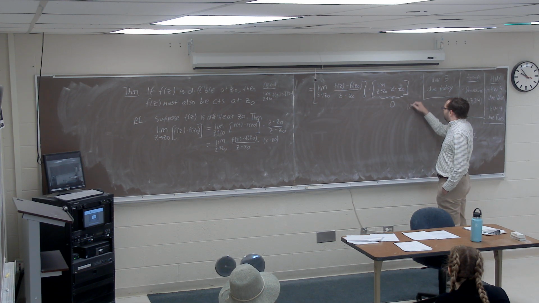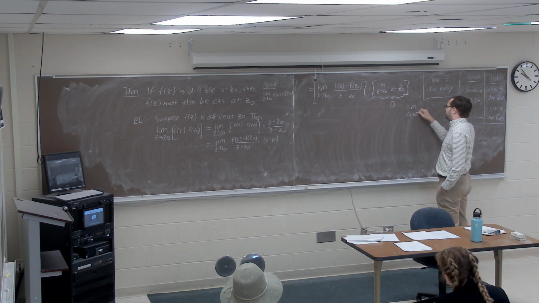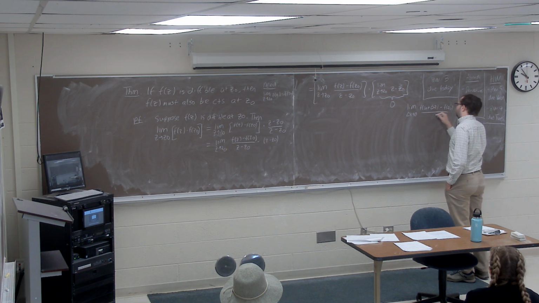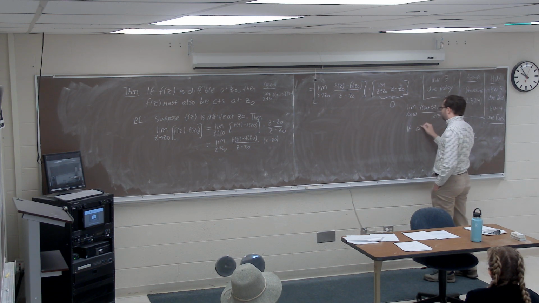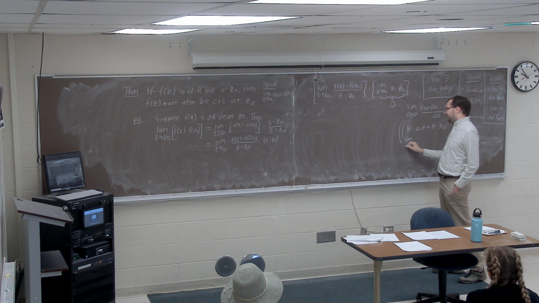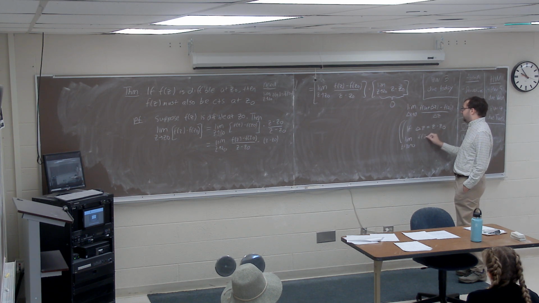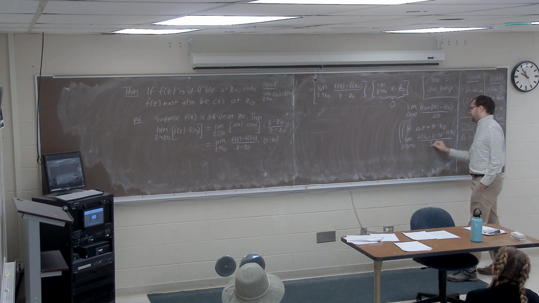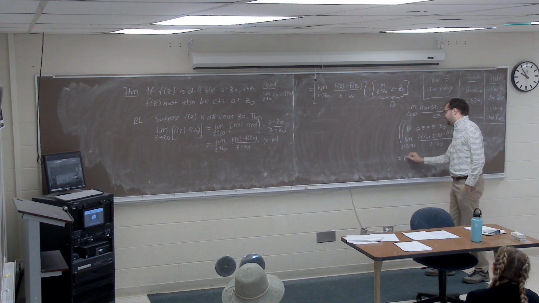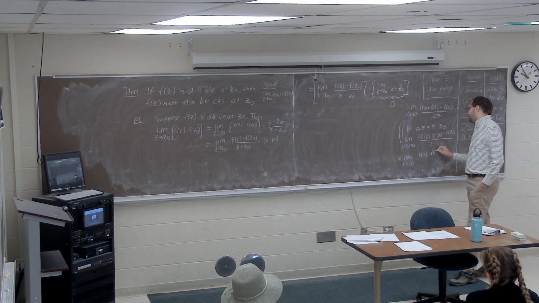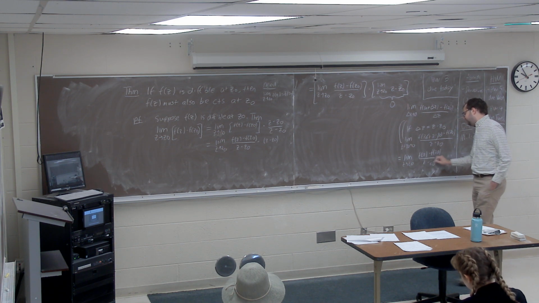But if we look at limit as delta z goes to 0 of f of z naught plus delta z minus f of z naught over delta z, we can say if delta z gets replaced with the quantity z minus z naught, then that just becomes the same thing as limit as z minus z naught goes to 0 of f of z naught plus z minus z naught minus f of z naught over z minus z naught, which is the same thing as limit as z approaches z naught of f of z minus f of z naught over z minus z naught.